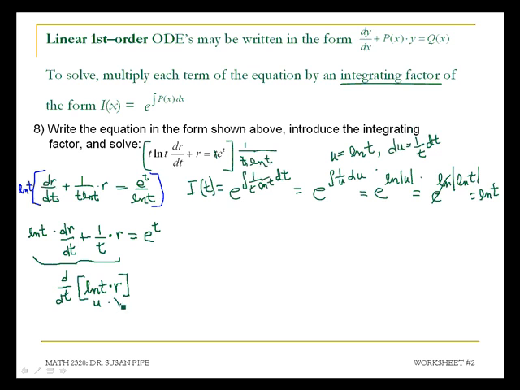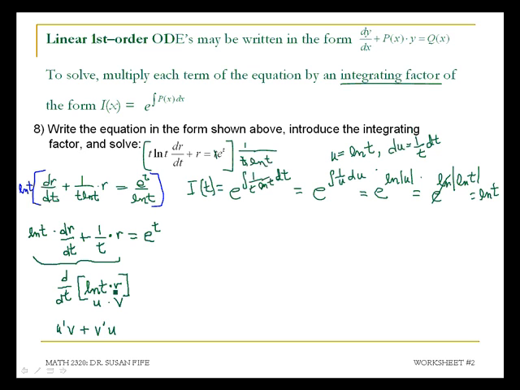You can test it by looking at the product rule for derivatives. This is our u, that's a v. When you do the derivative of u times v, you're going to get u prime v plus v prime u. U prime is the derivative of natural log of t, that's 1 over t, times r, that's our second term, plus v prime times u.